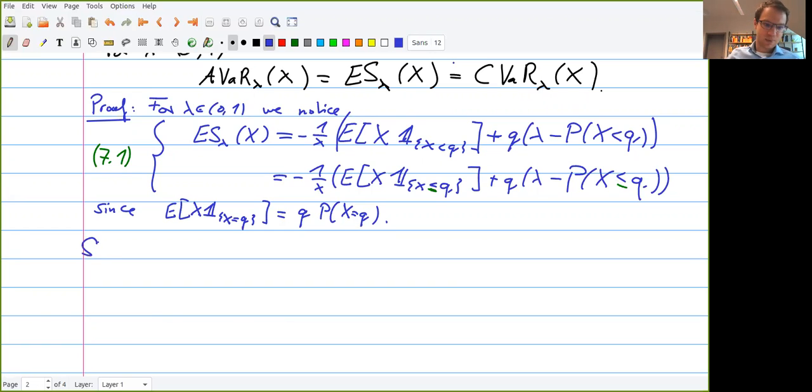Anyway, step 1 is the first equality you want to show. What do we want to show? We want to show first that the average value at risk, level lambda of x, is equal to the expected shortfall.